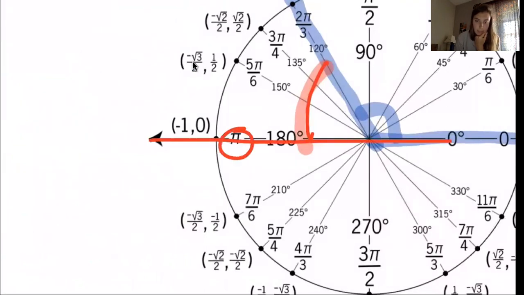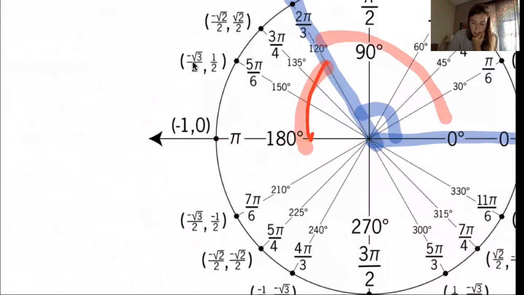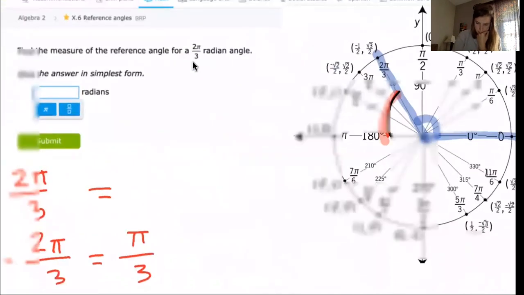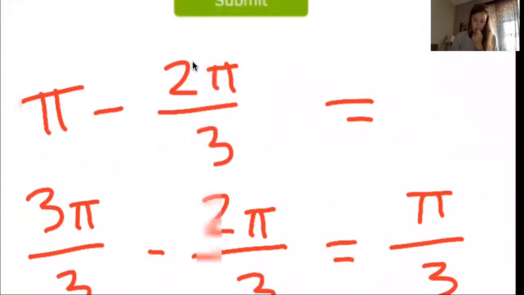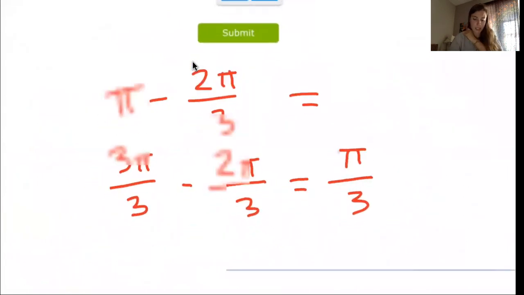It says right there, that's pi. So pi minus that whole angle, so the whole angle is this thing, will give me this angle right here. So pi minus 2 pi over 3, that will give me my reference angle.